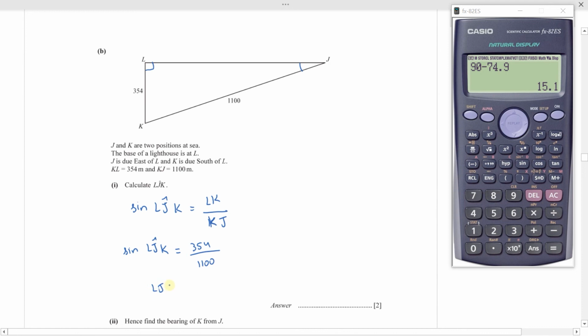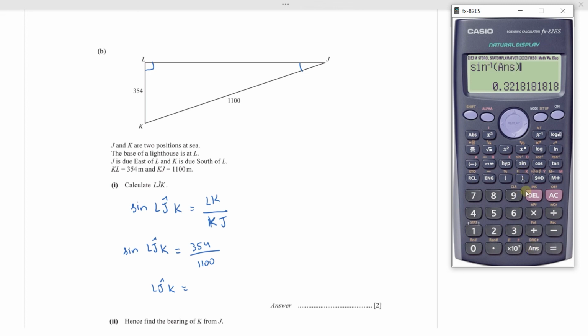So angle LJK will be 354 divided by 1100, and then sine inverse of this, 18.8 degrees up to one decimal place. So 18.8.